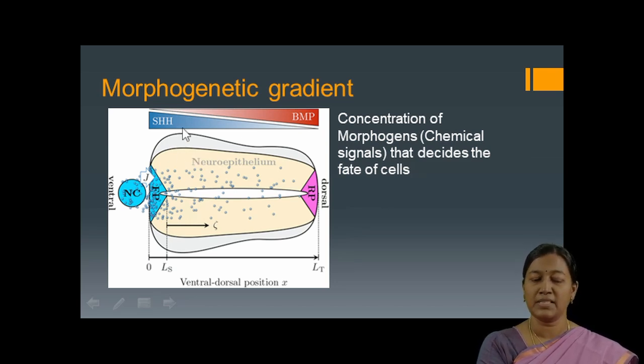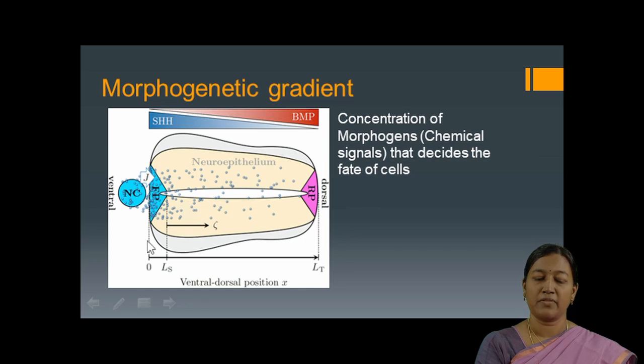For example, in this picture, we have two morphogens, SHH and BMP, that is the bone morphogenic protein and the sonic hedgehog protein. If you see this diagram, SHH is maximum on this side and gradually reducing, and on the dorsal end, BMP is maximum and its concentration is minimum on the ventral side. So according to that, the fate of the embryo is decided.